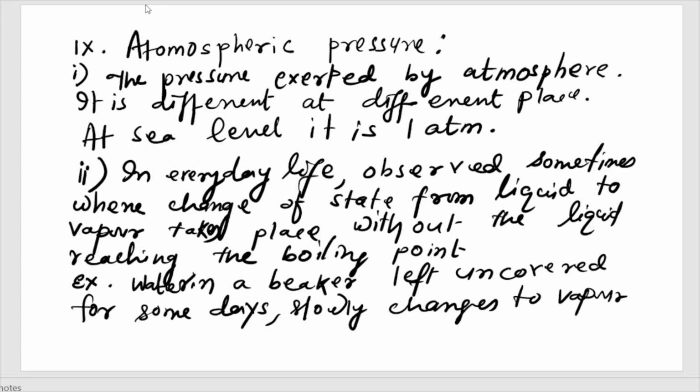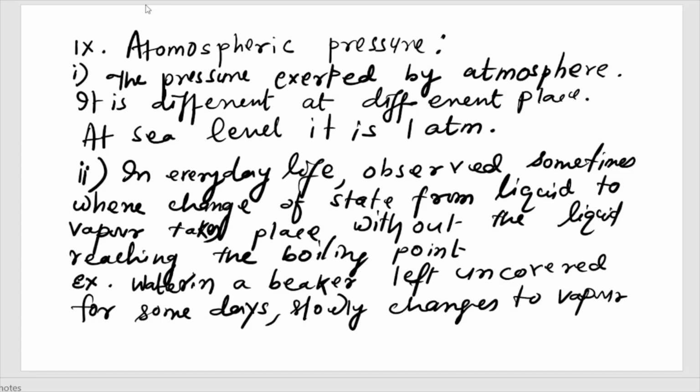What is that? You are not heating, but at atmosphere, what is the heat required? Here it tries to change to vapor without reaching the boiling point. That is called the vaporization process, and every day we can observe it in our life outside. If you put some liquid, anything, after a few days it is finished totally.